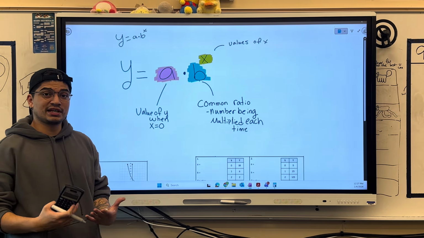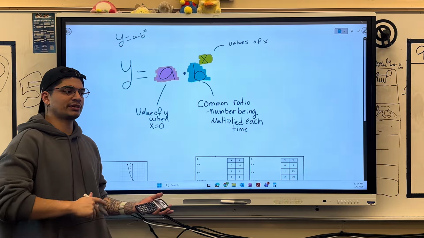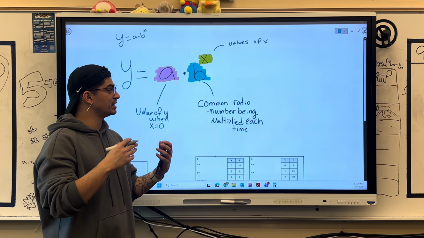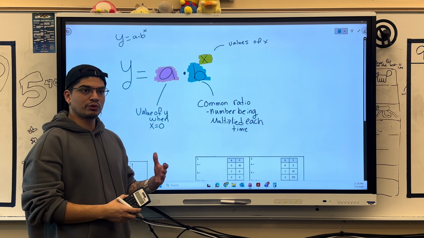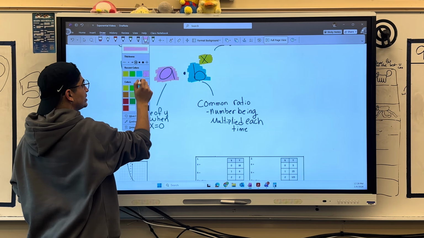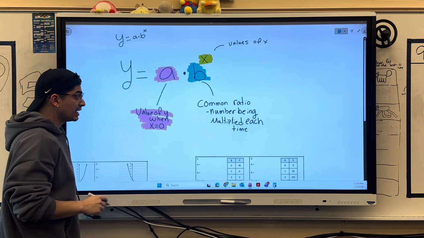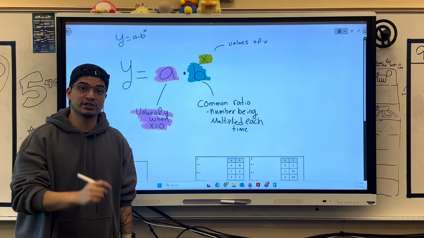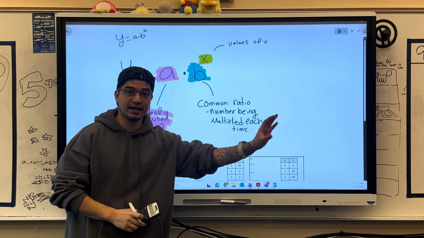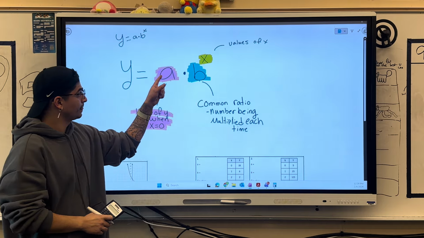Our a inside of this equation is, if you think about geometric sequences, like the first number. It's the beginning or the root of your exponential function. And it's specifically, when you're looking to fill it out, wherever x is equal to 0, and whatever the output of that is, that's our a.